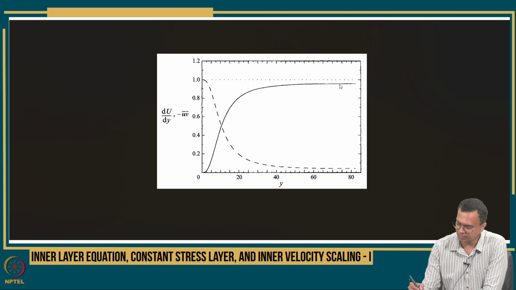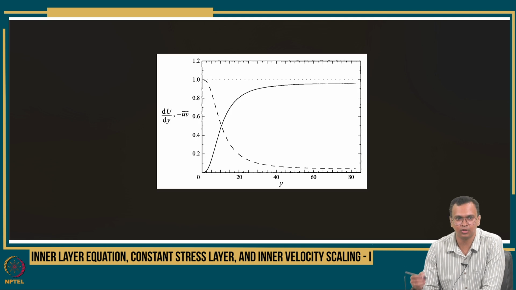When you add these two, the total is not exactly 1, but close to 1. So if I am looking into the total stress, that is why the equation says in the inner layer I have total stress. If I add these two, it would more or less look like this dotted line here.